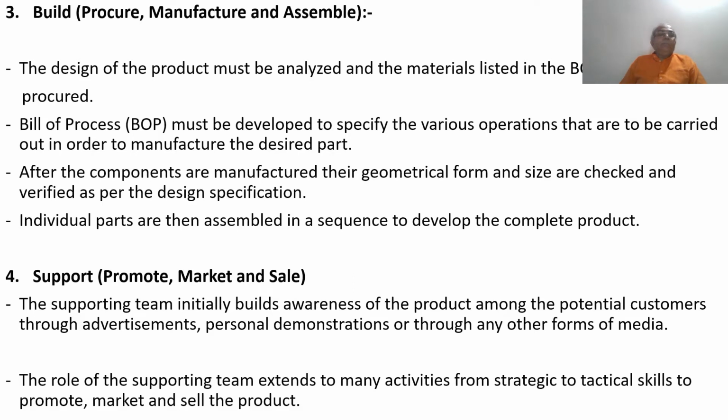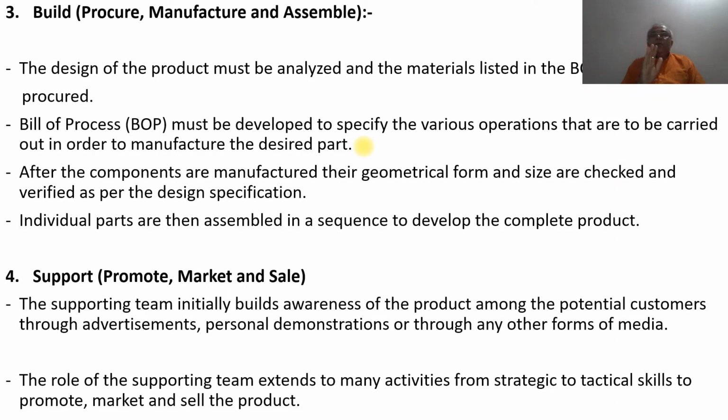Then comes the bill of process, that is BOP, which must be developed to specify the various operations that are to be carried out in order to manufacture the desired part. This is done by the planning department. That means on a particular part, what are all the processes that need to be carried out, and are there any complicated operations to be performed on that particular part.